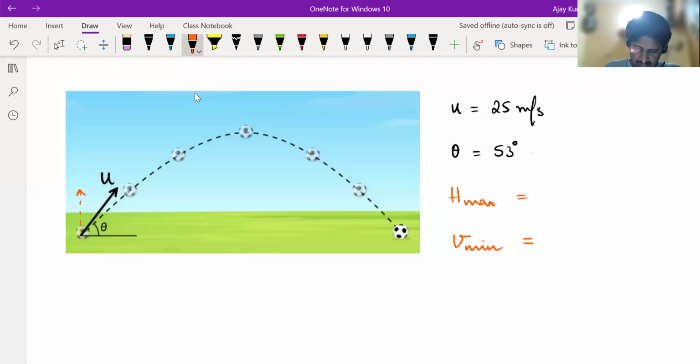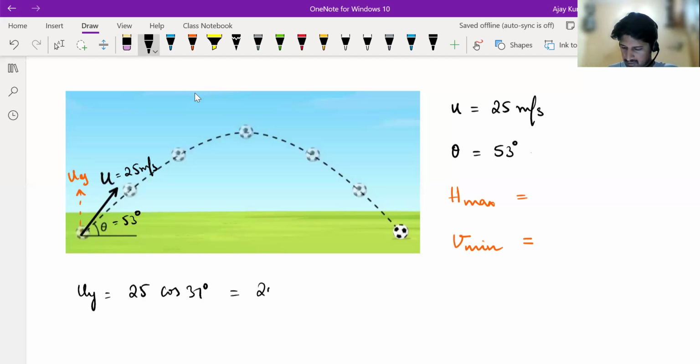So how high the ball rises depends on this component of velocity, the y component. Now the actual velocity here is 25 meters per second, and the angle is 53 degrees. Then its y component would be uy equal to u sin 53 degrees, or cos 37 degrees you can take. I prefer it that way.